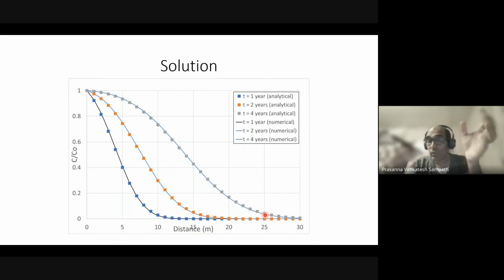And then once you get the fraction from here, you have to multiply it by C naught, let's say 600 mg per liter, to get the actual concentration itself. And it turns out that at this particular location at 25 meters from the source, the concentrations are very low even after 4 years. Okay, but intuitively, does the solution make sense to you?